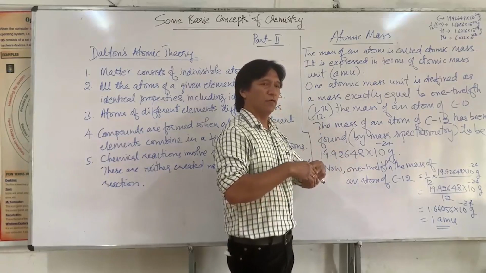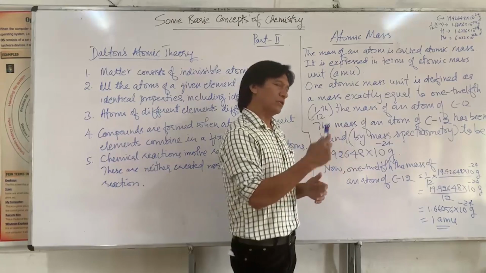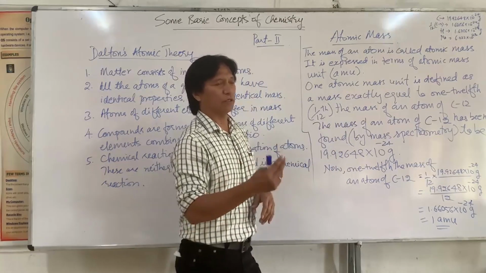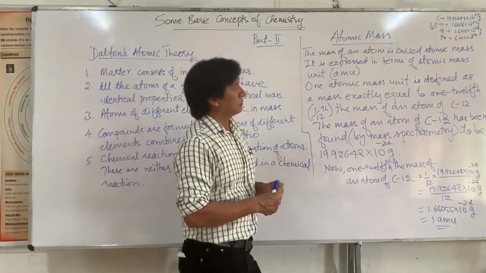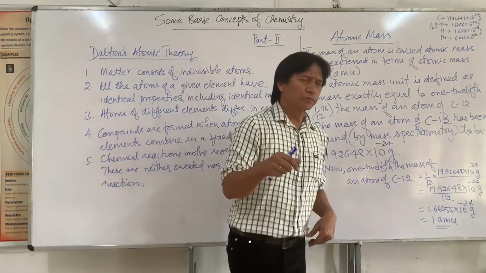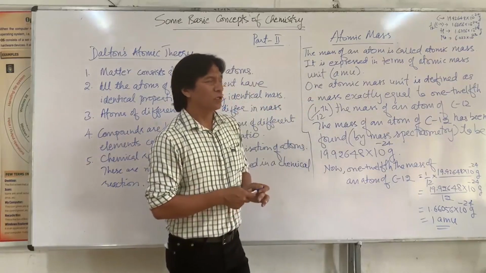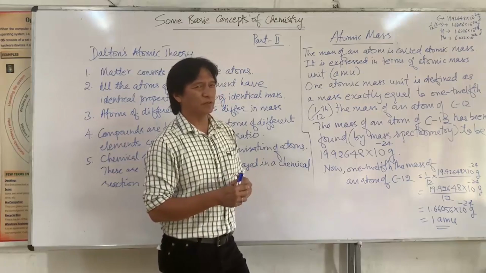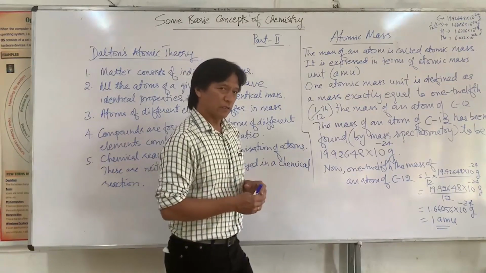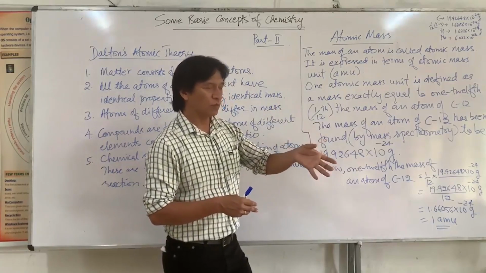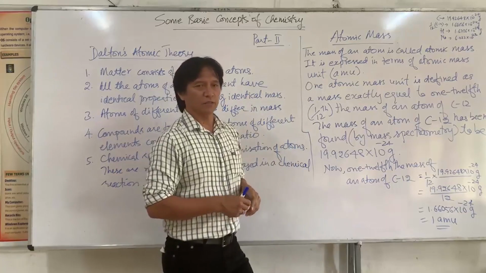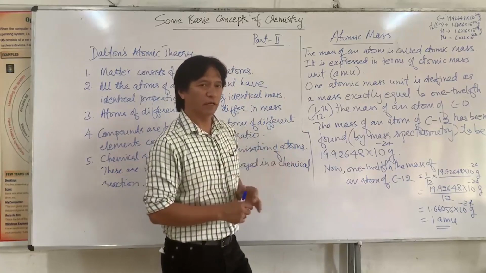It is always found in the combined state in nature. So that's the meaning of an atom of an element may not have independent existence. And the next thing is about a molecule. A molecule is the smallest particle of a substance. The substance here may be an element or a compound, that is, a molecule is the smallest particle of a substance which has independent existence. So that is, these molecules, they can exist independently.